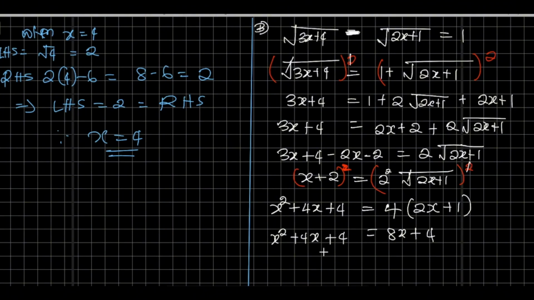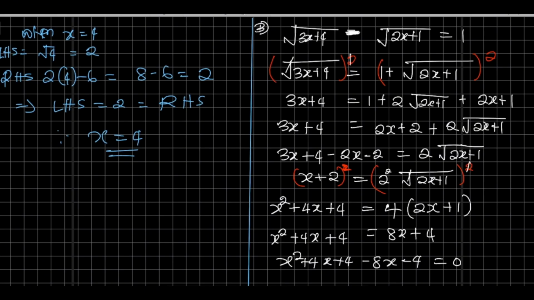And then we can move all the terms to the other side to equal 0. So we have x squared plus 4x plus 4 minus 8x minus 4 equals 0. Collecting like terms further, that will be x squared plus 4x minus 8x plus 4 minus 4 equals 0.